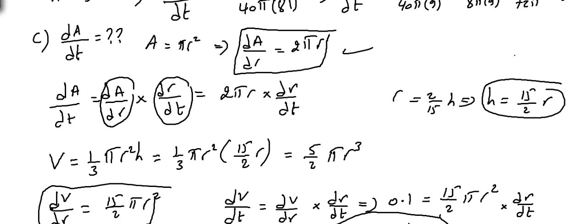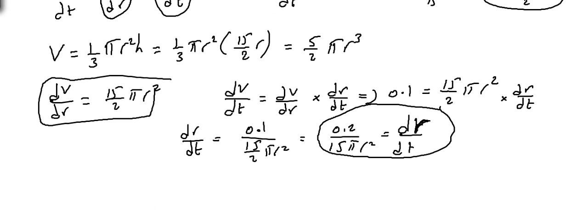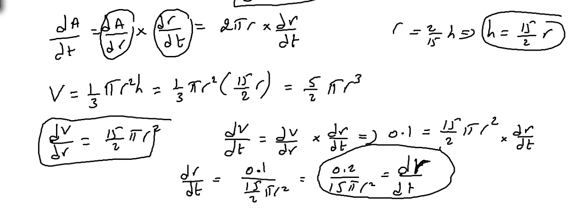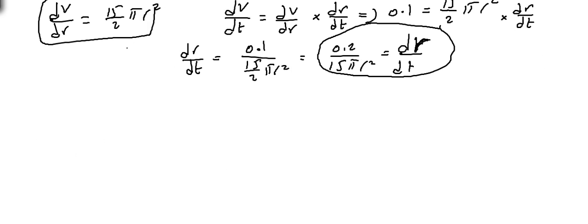Now I just substitute to find dA to dt. dA to dt is equal to dA to dr times dr to dt.